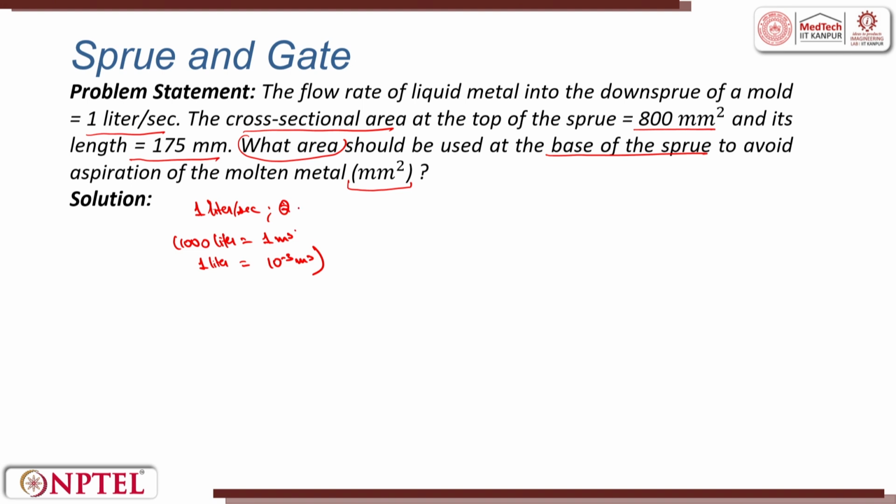Or I can put it as 10 raised to power minus 3 meter cube per second. Millimeter square is required in the final answer. So, this will turn to 10 raised to power 6 millimeters cube per second.